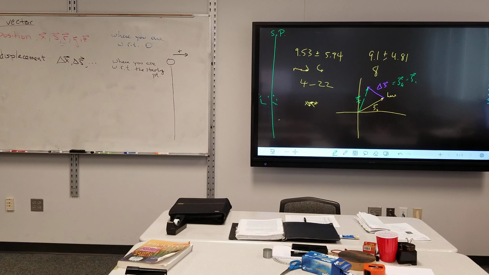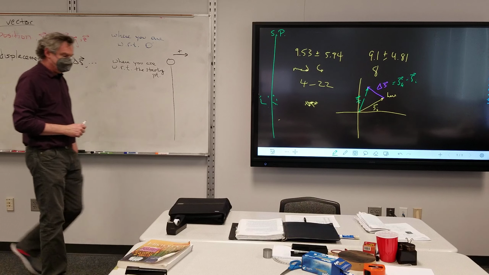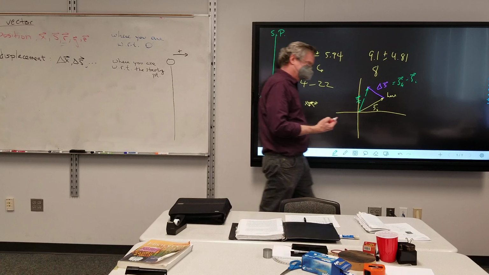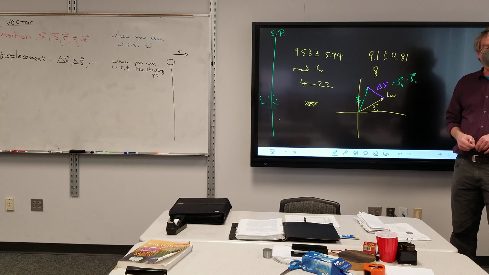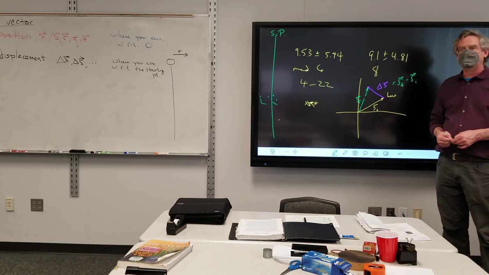Instantaneous is where am I relative to where I was just a moment ago, in which case Mark would have been correct. The overall displacement is where am I relative to the start of the entire journey. By default, if I just say displacement, I'm talking about overall, not instantaneous. If I want the instantaneous displacement, I would have to use the word instantaneous.